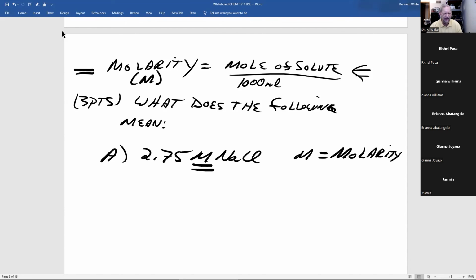Remember, molarity is moles of solute per 1,000 milliliters. So what does this mean? 2.75 moles of sodium chloride, NaCl, table salt, per 1,000 milliliters of solution. And that's what it means.